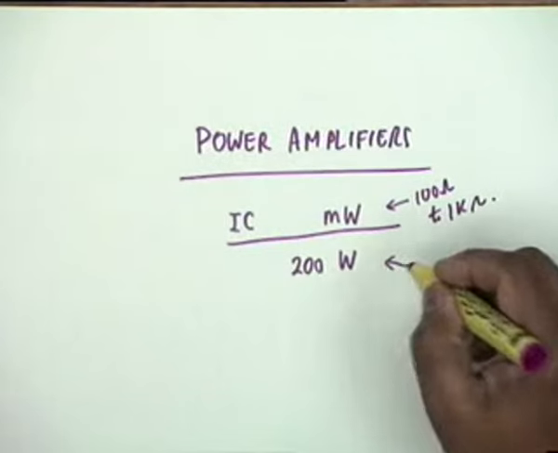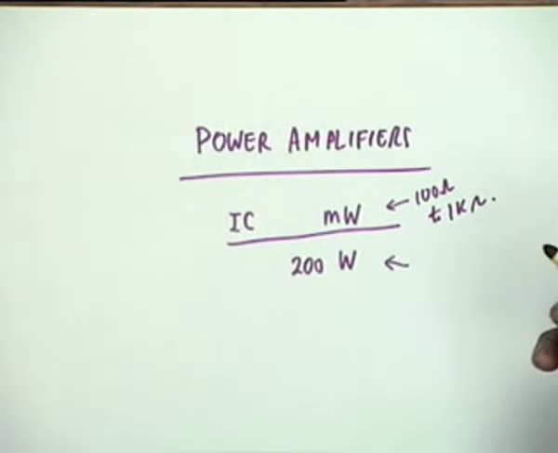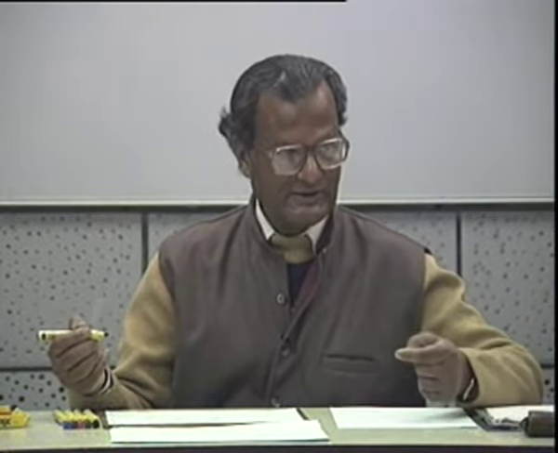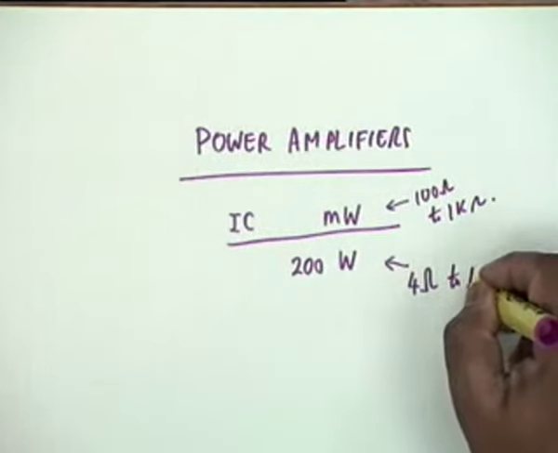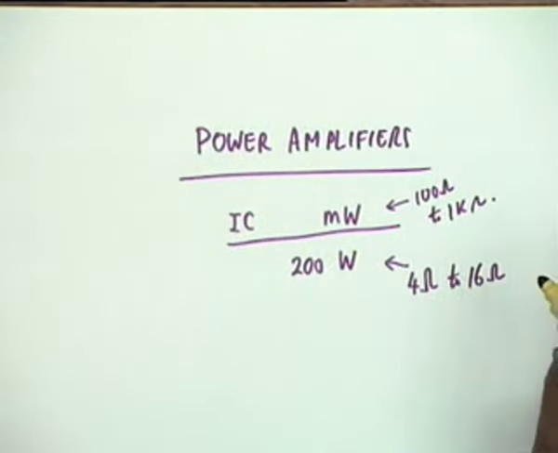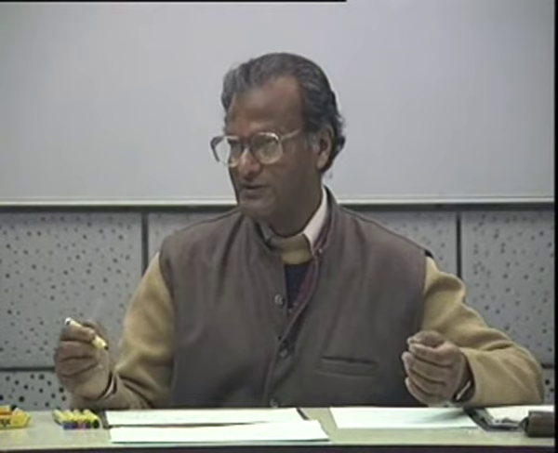On the other hand, if you go for large power, then the usual application is a loudspeaker, and therefore the load resistance shall range from 4 ohms to about 16 ohms, say 4 speakers in series or 2 8 ohm speakers in series. This is the usual range of load.